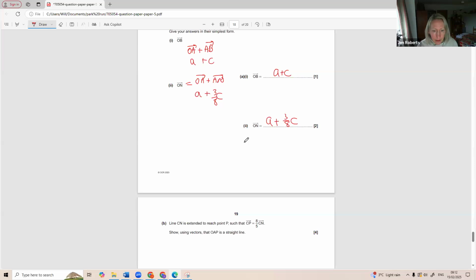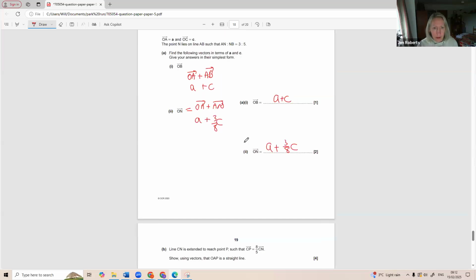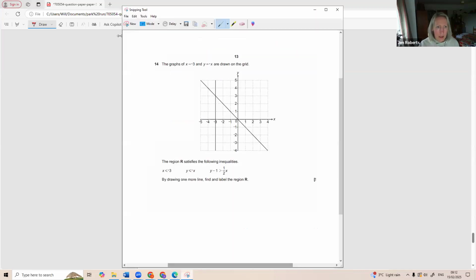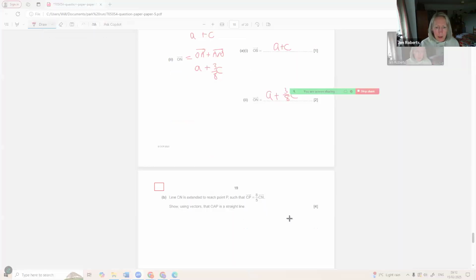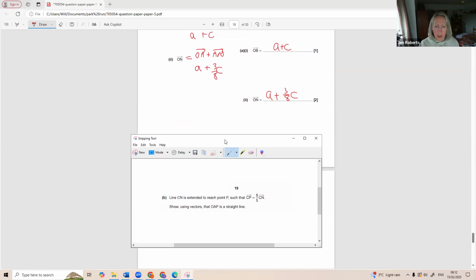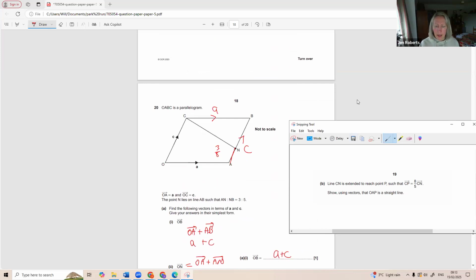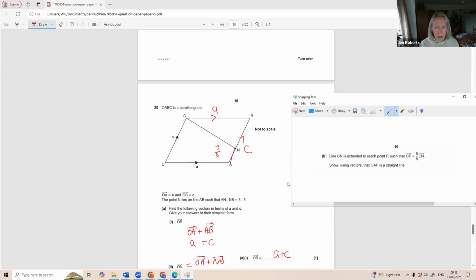The line CN. Hang on. Let me snip this just so I can read at the same time. Okay, the line CN is extended to reach the point P, such that CP equals 8/5 CN. Using vectors, show that OAP is a straight line.